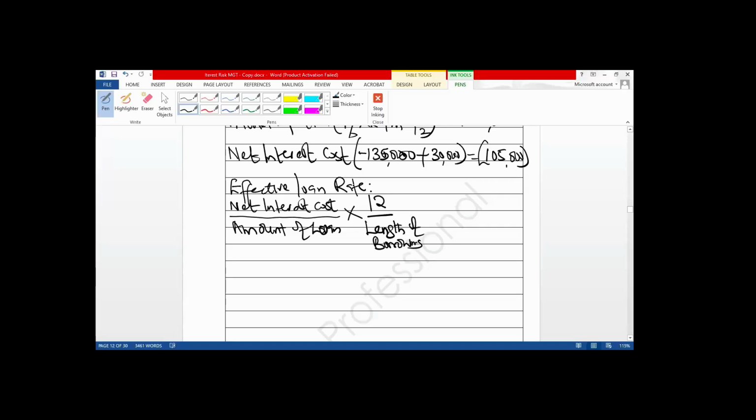If you want to calculate the effective loan rate now, our net interest cost is 105,000. Amount of loan is 4 million. Multiplied by 12. Length of borrowing, the company will borrow for 9 months. Please work this out. That will give you the effective loan rate you are paying.